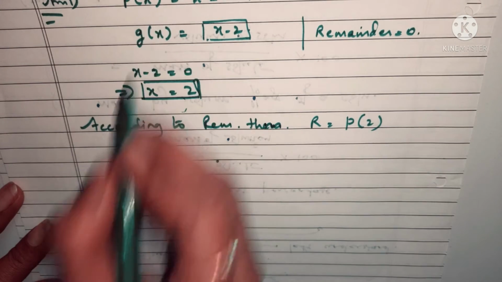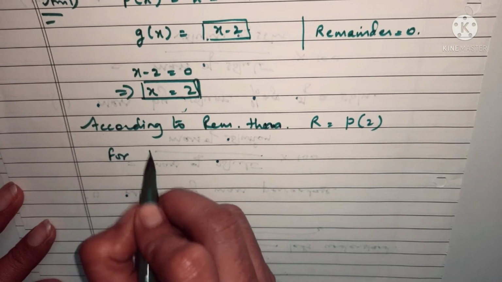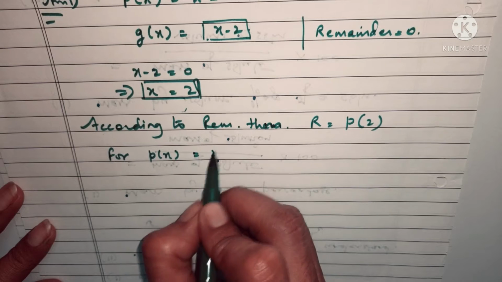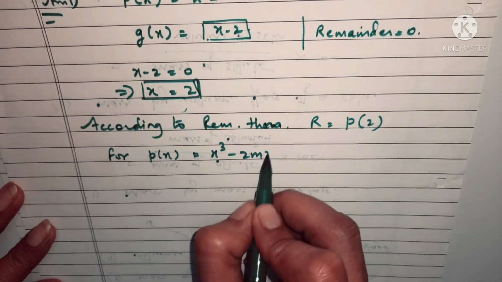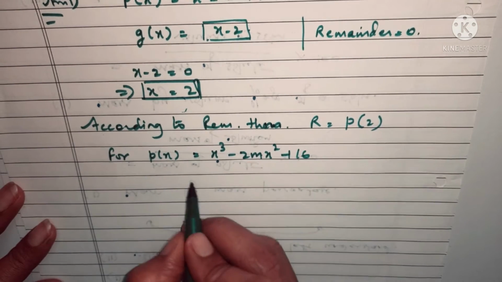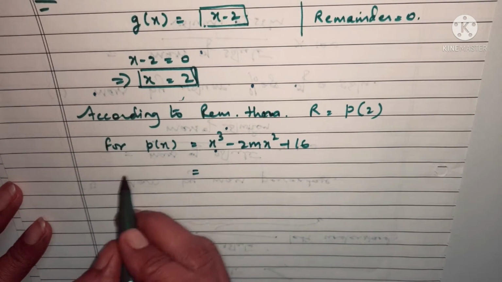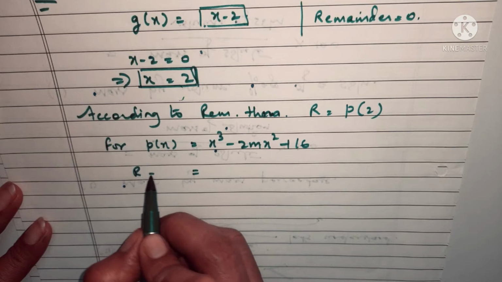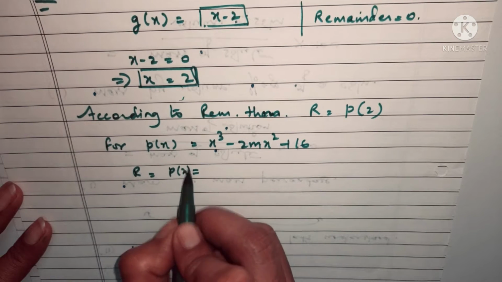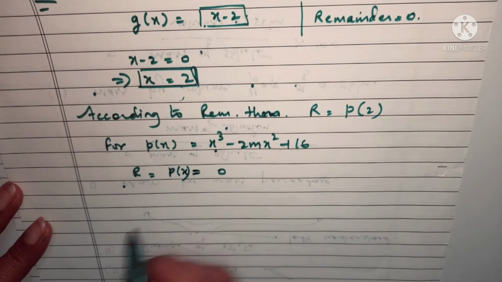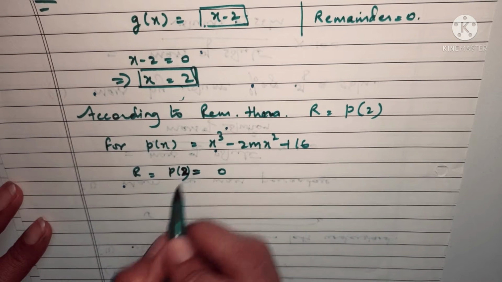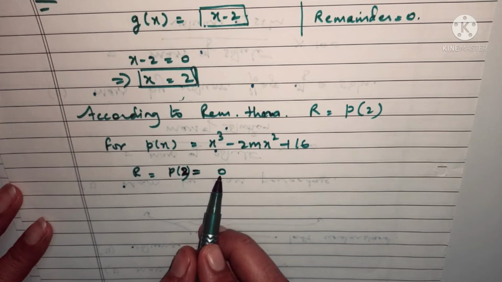So if Px is equal to x cube minus 2mx square plus 16, it will give you a remainder as P2. We also know that remainder P2 will be equal to 0.